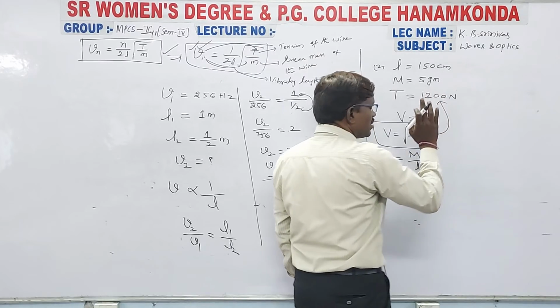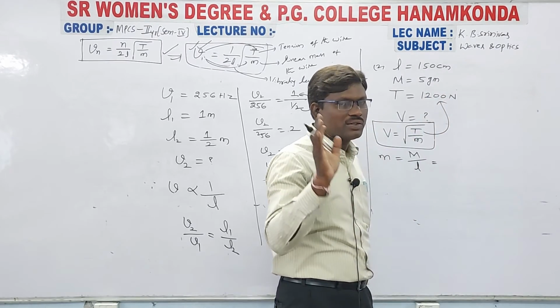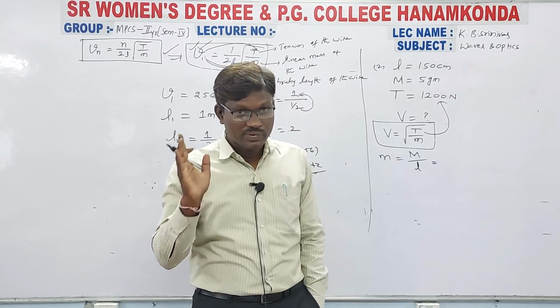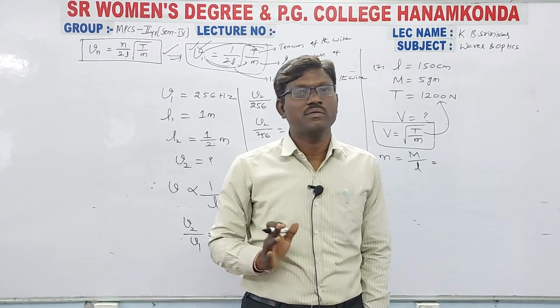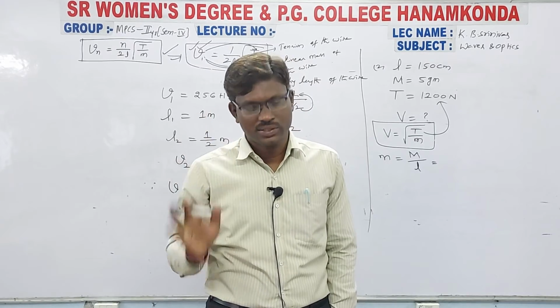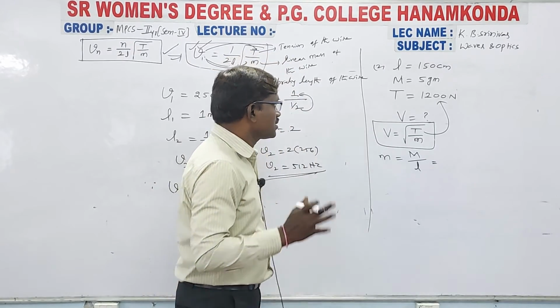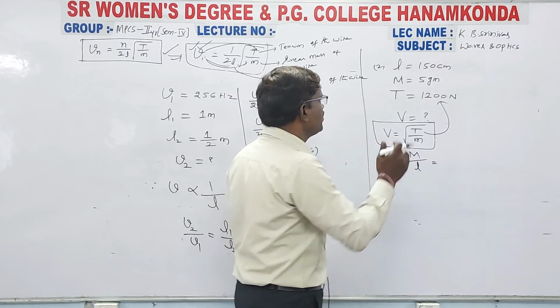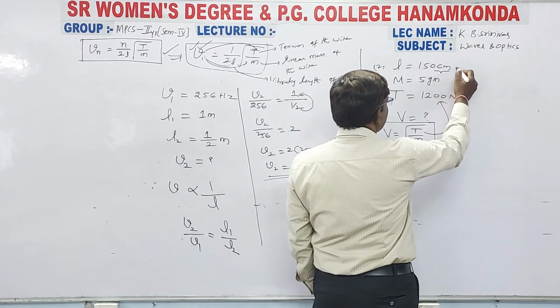So, remember, while we are doing problems, especially physics problems, the quantities should always be in SI units, standard international units. Centimeter is a CGS unit, we have to convert it into meter.